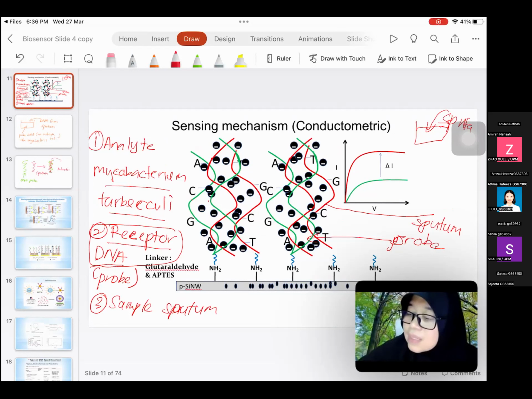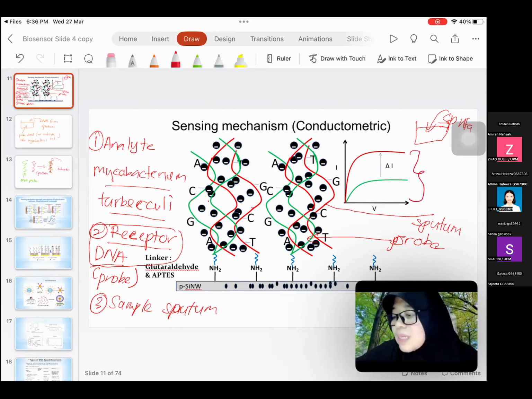You can see the green one is the probe. The red one is the DNA from the sputum, and then we mix with indicator. So this indicator will indicate, that's the purpose, how much the hybridization happened. So if you see here, this is the transducer.